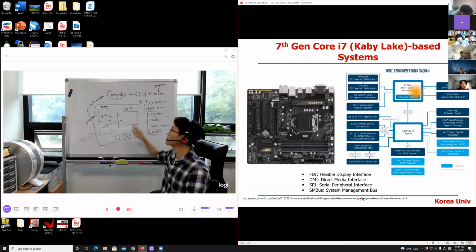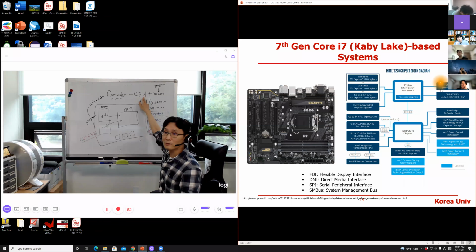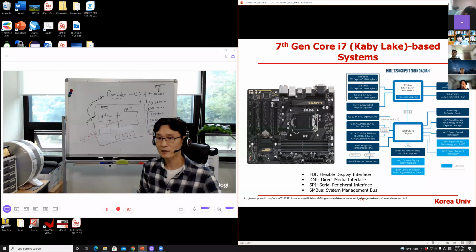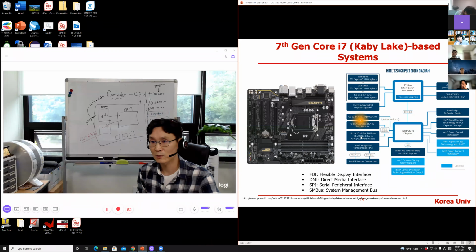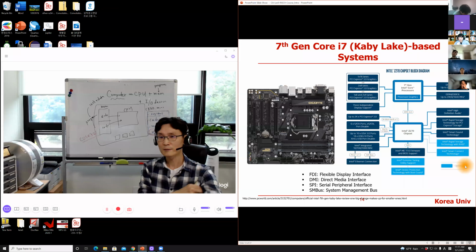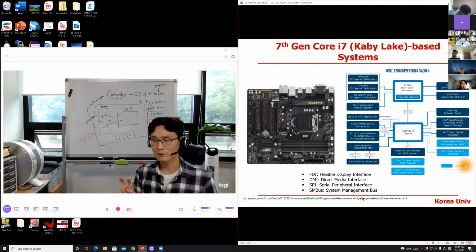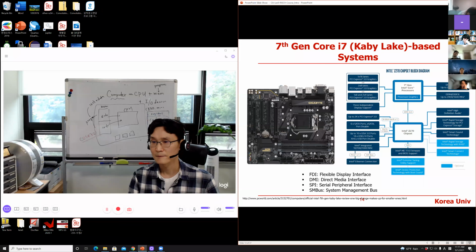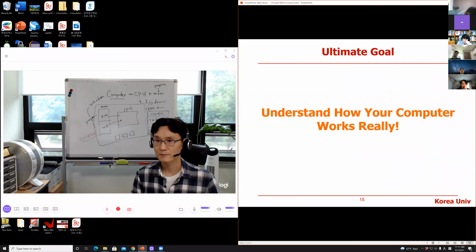This one is the CPU and main memory, DDR4, that is main memory. And all the other components are I/O devices. So that is the main board of a desktop or notebook computer. That is the big picture.